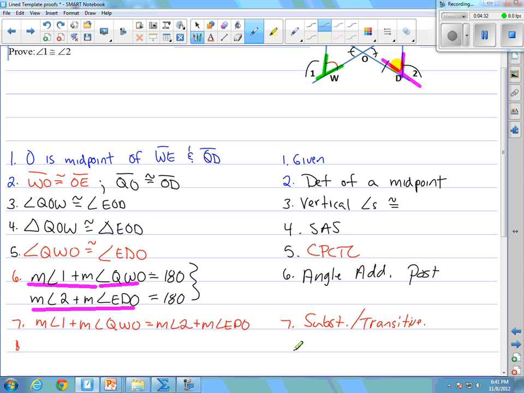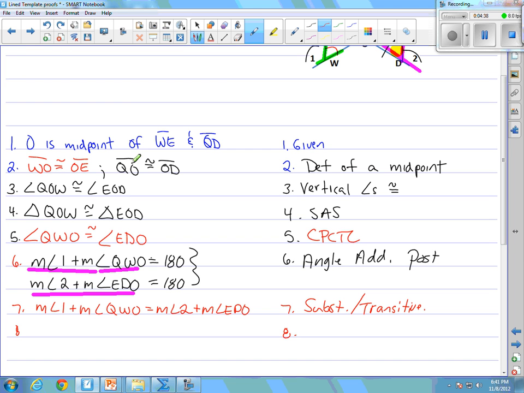The pattern always tells us once you have something that looks like this, two things equal to two things, you want to try to subtract something. So I'm going to look at what I can subtract from both sides. I look throughout my proof to see where I've been told that one of these angles on the left-hand side is equal to one of these angles. That's right here. We know measure of angle QWO is equal to the measure of angle EDO.